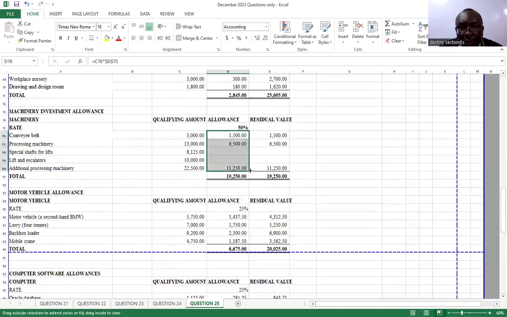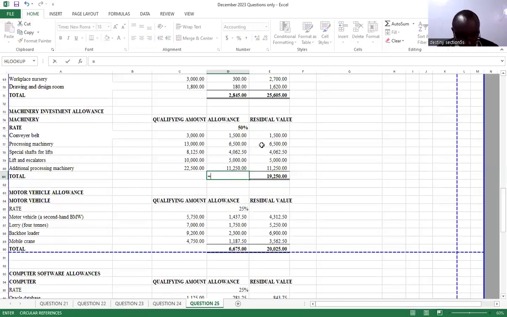So my formula, this one should be equals to palm.